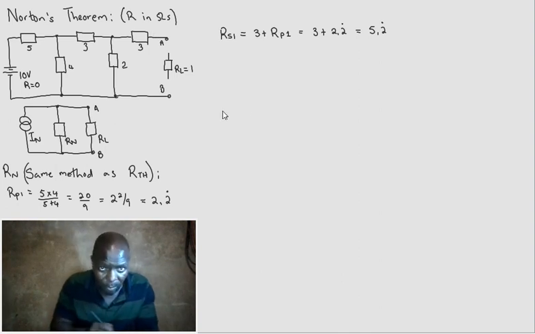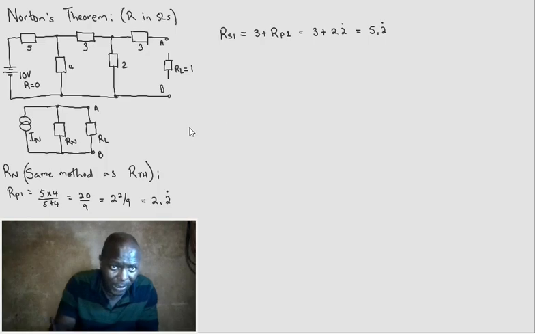Now, this is our R series 1. Once we've got a series value like this one, as you can see, it will be in parallel with the 2 ohm.